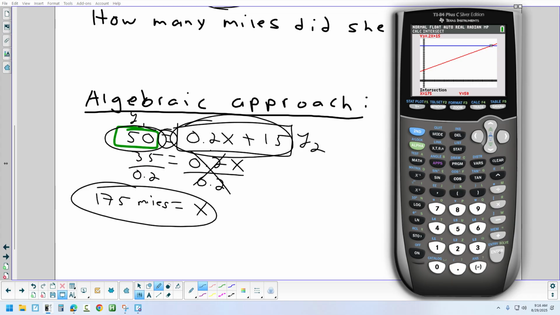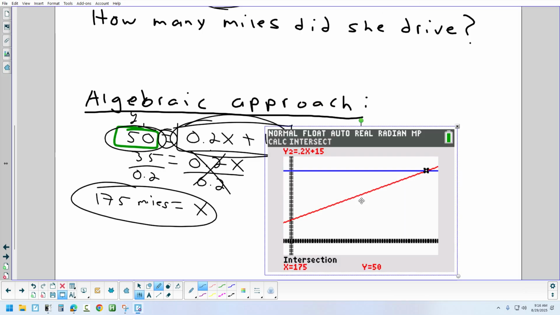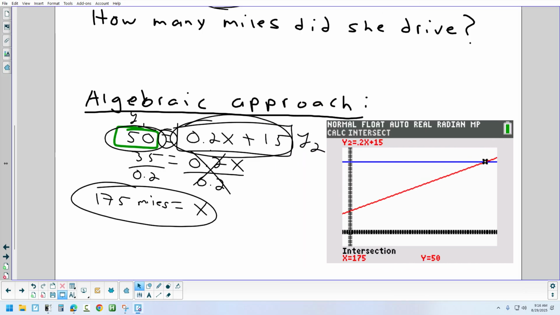And when you do that, it will tell you that the answer is when x is 175, which is what we got algebraically. Okay. Any questions on how I just found an intersection between those 2 points?